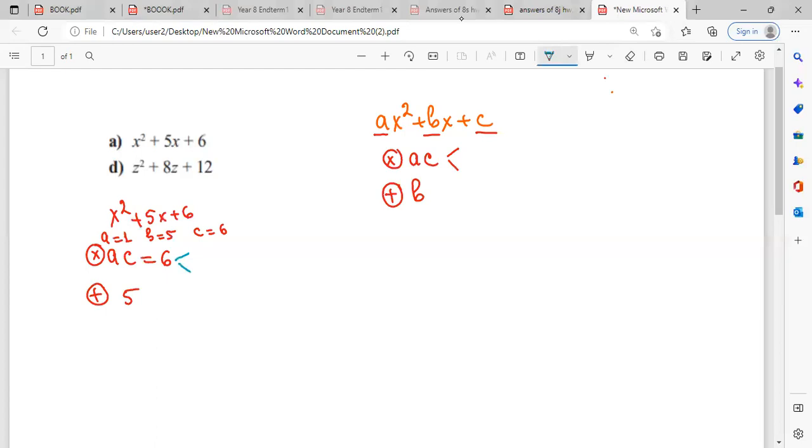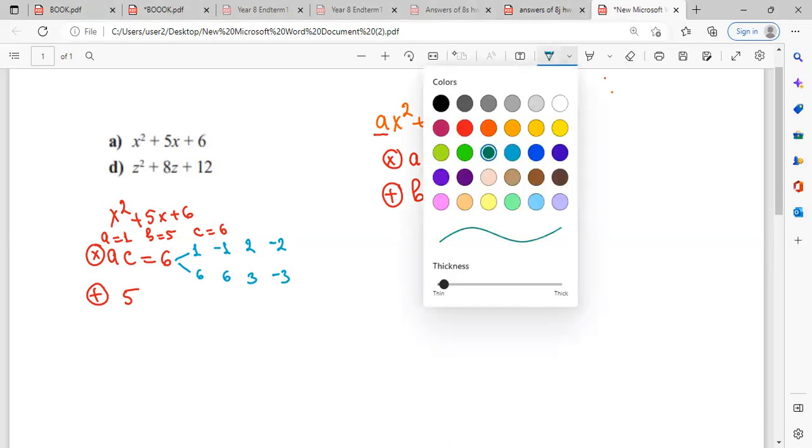Which two numbers? First of all, you should find the factors of 6: 1 and 6, then negative 1 and negative 6, then 2 and 3. Let's check these numbers, negative 2 and negative 3. When you multiply them, you get 6, but when you add them up, you get negative 5 rather than 5, so it's not appropriate. 1 plus 6, will you get 5?